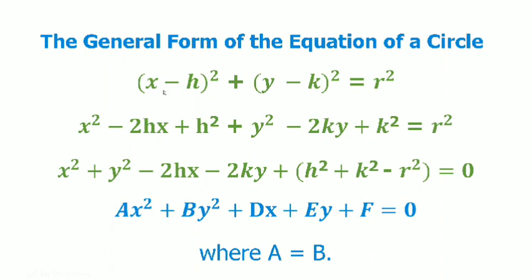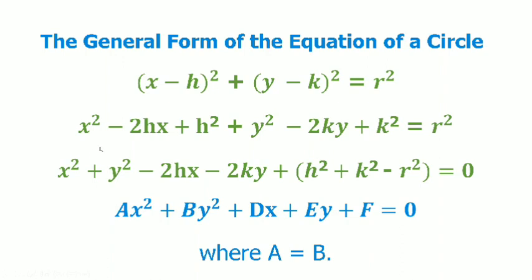Expanding the square of a binomial, here (x minus h) squared becomes x squared minus 2hx plus h squared. And also the square of (y minus k) becomes y squared minus 2ky plus k squared. Don't forget to place the plus sign before the y squared. Then bring down r squared.